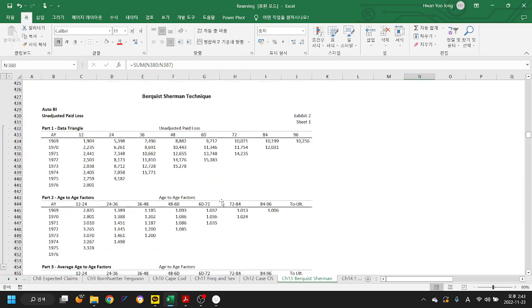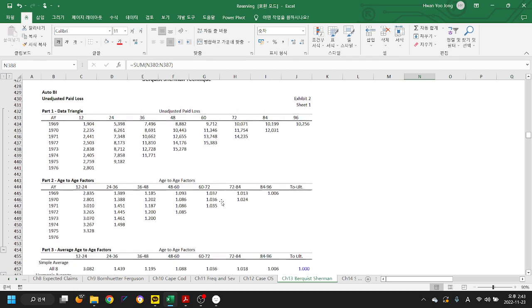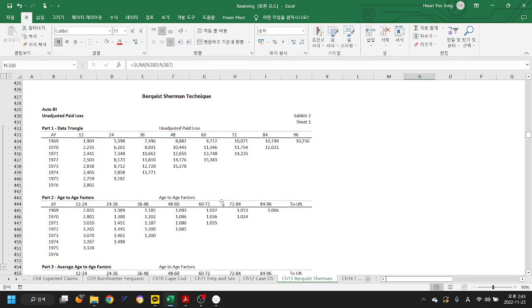And right now, I'm gonna move on to how Berquist Sherman restated the paid loss triangle. Starting from accident year 1969 up to 1976 is from the original paper, and this is the unadjusted paid loss development triangle on a cumulative basis.